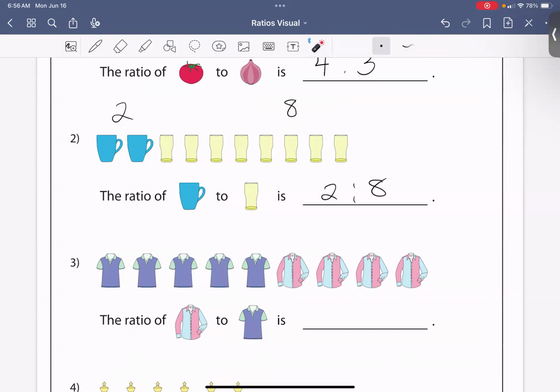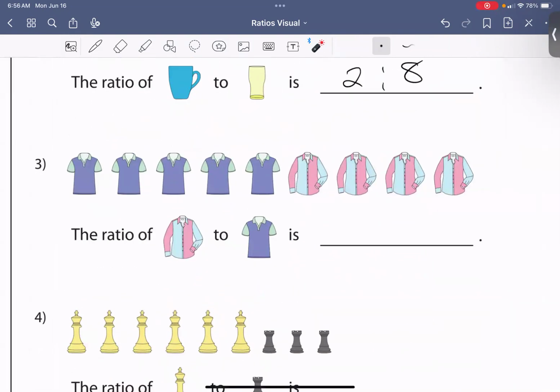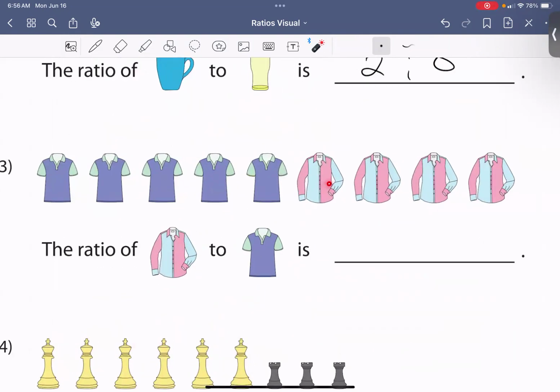So we have pink and blue shirts, light blue shirts. We have one, two, three, four. And then we have a turquoise, another shade of blue.